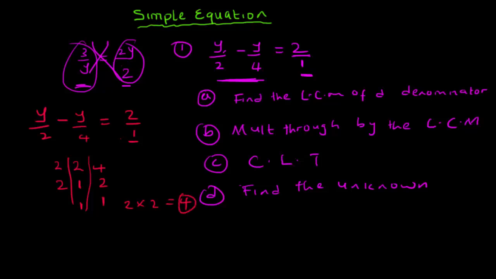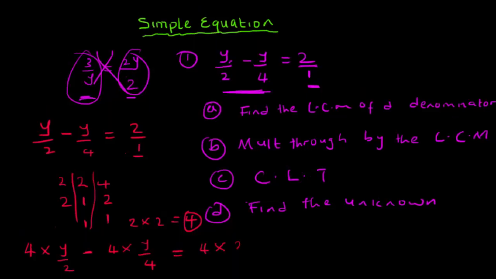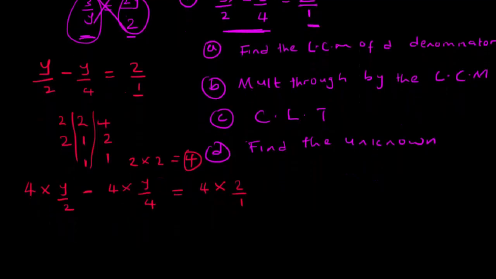Now I know the LCM is 4. I'm now told to multiply through by the LCM, so I multiply through: 4 times y over 2 minus 4 times y over 4 equals 4 times 2 over 1. First of all, find the LCM; after finding the LCM, multiply through by the LCM.